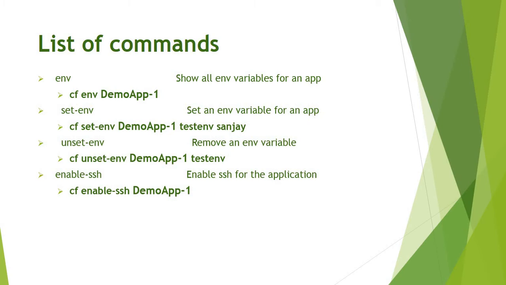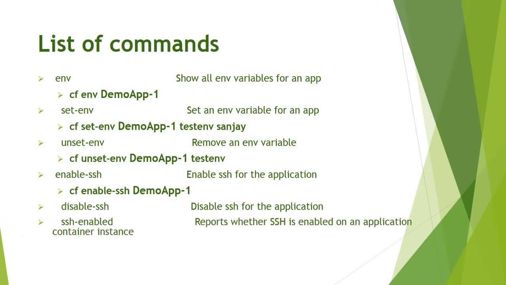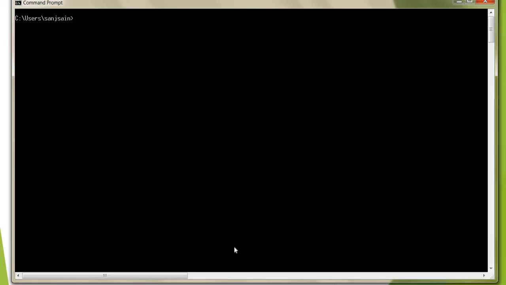We can use the ssh command here to go inside the container. We can also enable and disable SSH on an application. This is the final set, related to environment variables and SSH of an application.